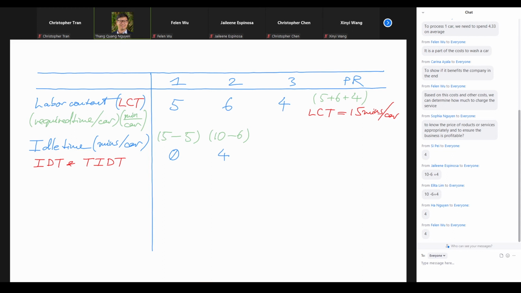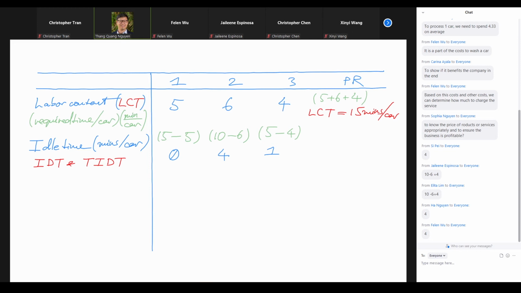And at station 3, by now it should be easy for everybody, right? We pay the workers to work for 5 minutes, and by the nature of the dry activity, it takes only 4 minutes. So the worker will have 1 minute idle time. And again, it's perfectly legal, in quotes, okay? Here, because we talk about the car wash, it's not about a law process.